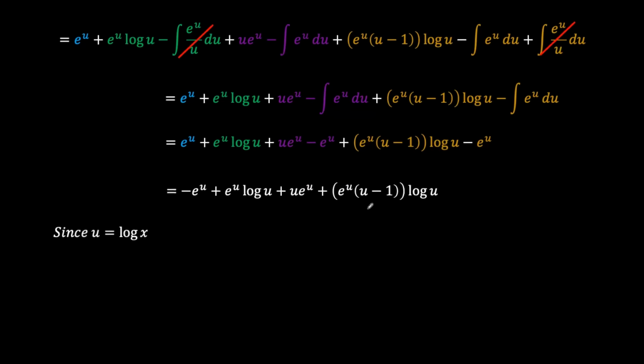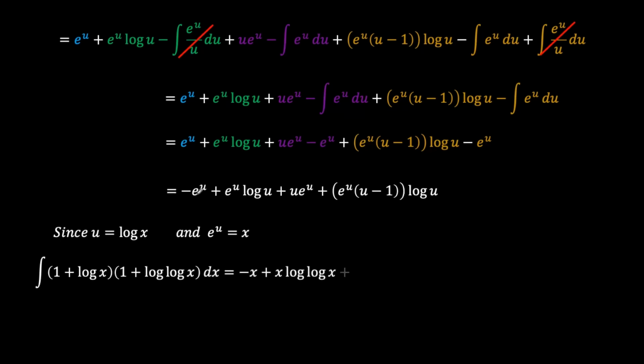And since u is the same as log x, and also e to the power u is equal to x, it means that our initial problem is now equal to, in place of negative e to the power u, we have minus x.